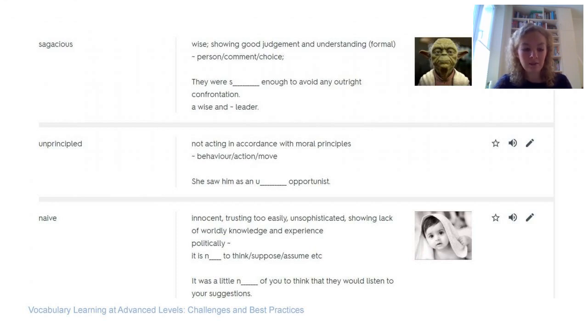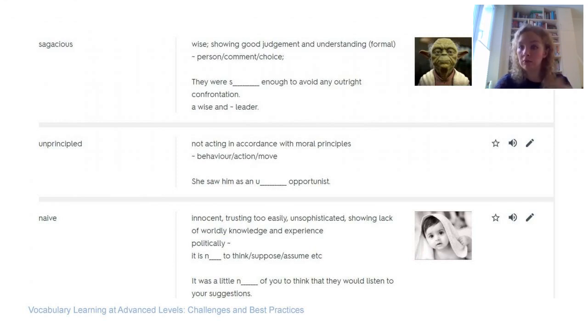If you look at naive, you see it's not just that he is naive or she is naive, and that's it. The use is that it is naive to do something. It is naive to think, to suppose, to assume. Or it was a little naive of you to blah blah blah.